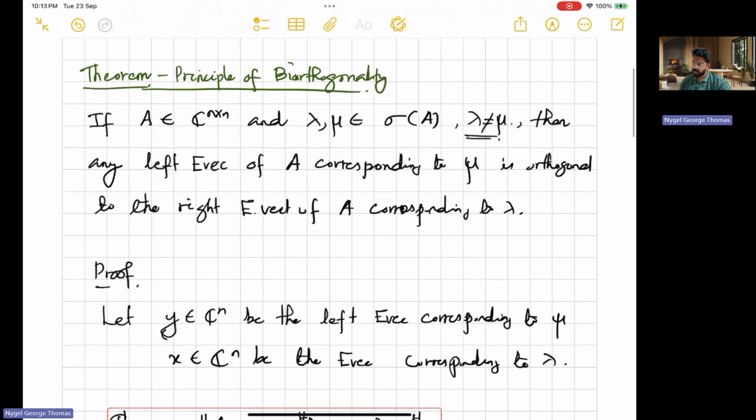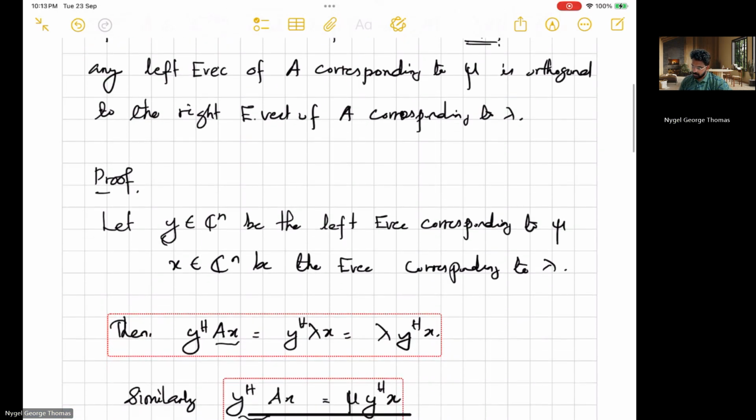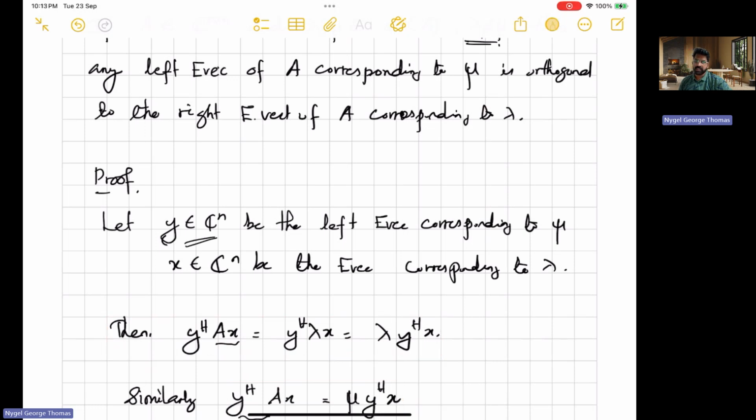This is known as the biorthogonality. This is actually simple to prove. So let y belonging to Cn be the left eigenvector corresponding to the eigenvalue mu, and x be the eigenvector corresponding to the eigenvalue lambda.